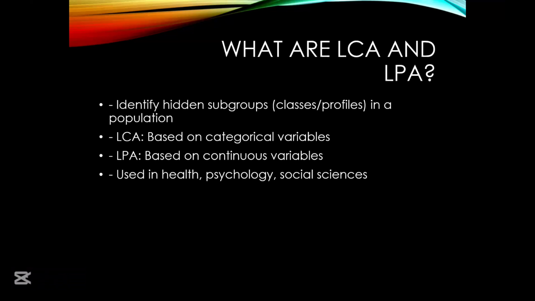Now, you want to classify their behaviors into subgroups so that you can say that when you have this kind of behavior pattern, then it's likely you're going to have this outcome in terms of physical activity. Then you may want to apply these LCA and LPA classification methods.